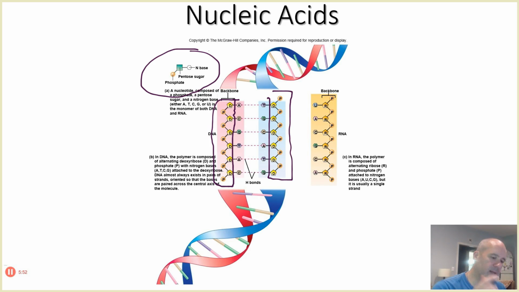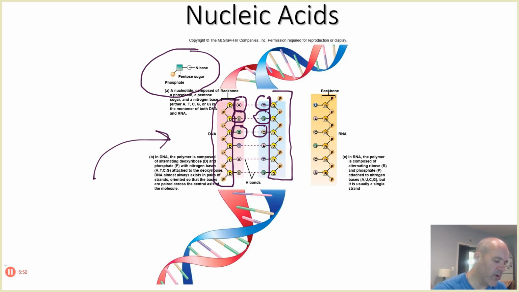And if you notice in DNA, it's a double-stranded molecule. And the A's on one strand are paired to T's on the next. If you got a C over here, it's paired to a G over here. A G over here is paired to a C over here on that side.